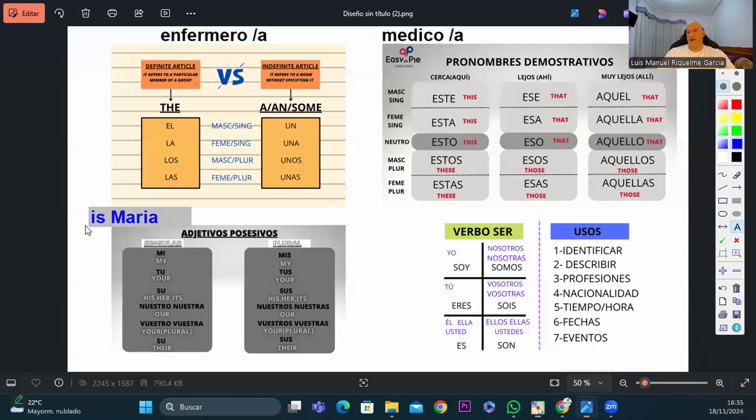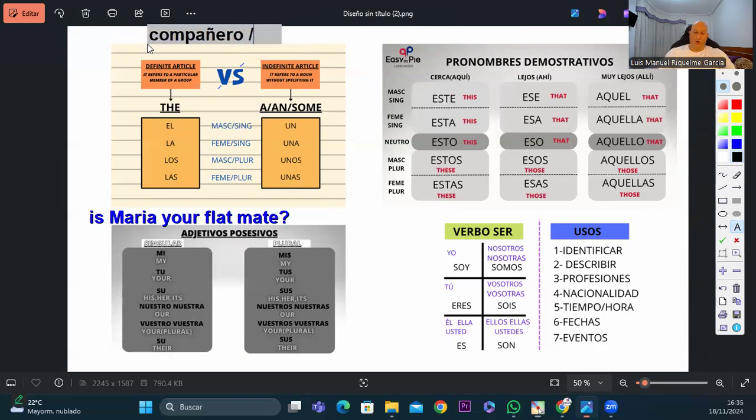Is Maria your flatmate? How do we say flatmate? Well, for us, any mate, flatmate, classmate, workmate, we say them all in a very similar way. We say compañero, or compañera if it is a woman, de, and then whatever.